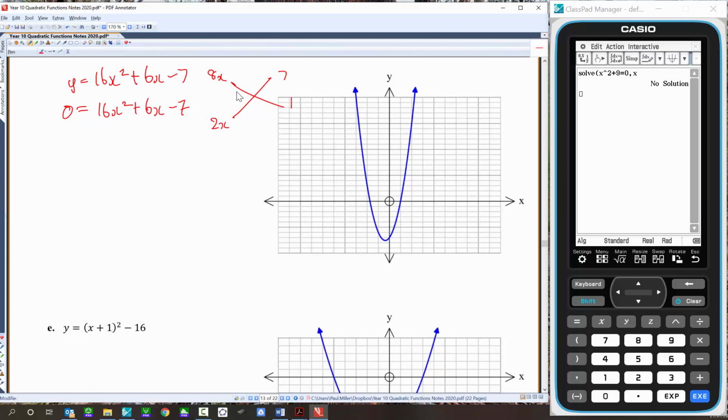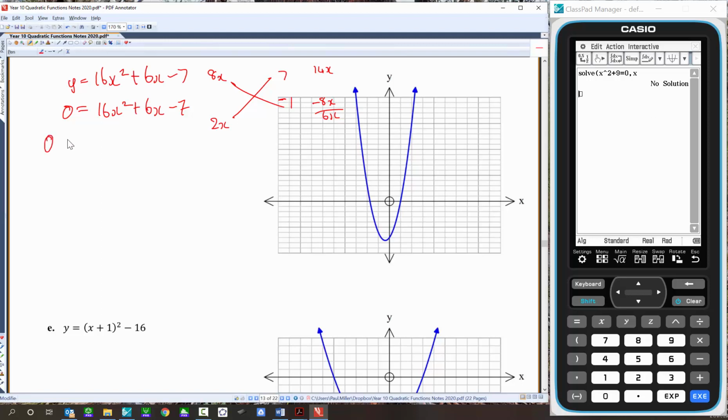Okay, so this one here is going to be 8x and 14x. 14 take 8 is 6. This is going to be negative. Let's do the test. We've got 14x, negative 8x. When added together, that will equal 6x.